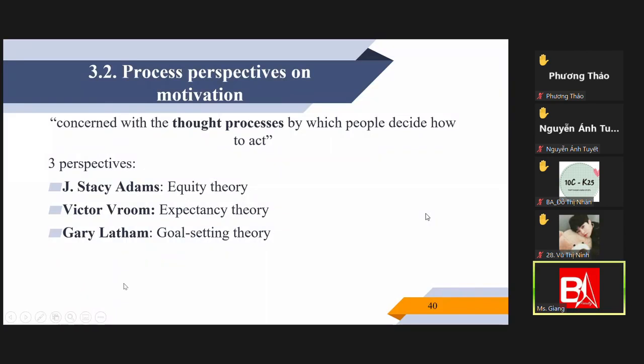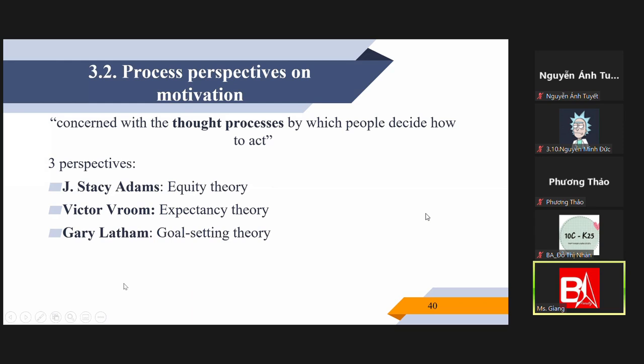Now let's move to the next perspective on motivation. The process perspective on motivation. In the process perspective on motivation, we are concerned with the thought processes by which people decide how to act.